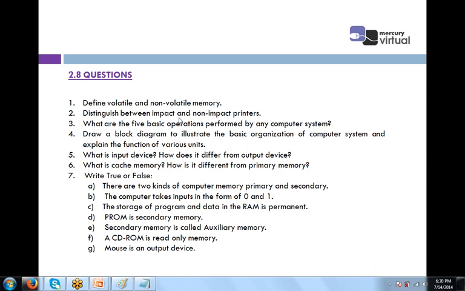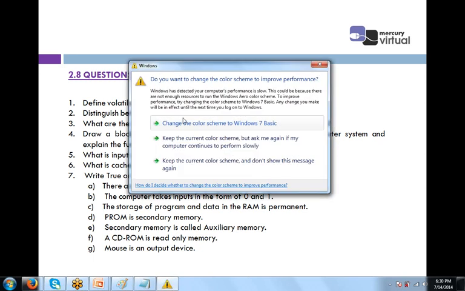They use electromechanical and chemical material mechanisms, right? So these two questions are clear. Now the next question is, what are the basic operations? Sorry, what are the basic operations? Just a moment.